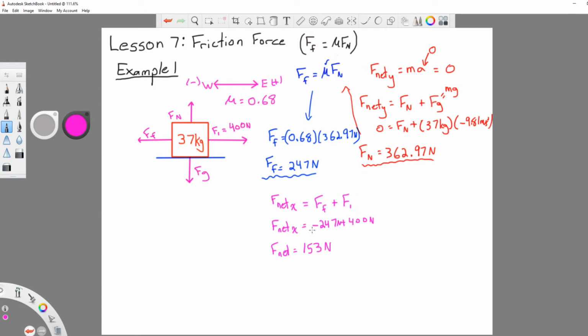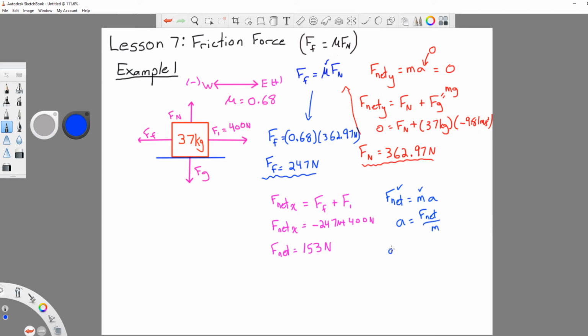All right, so we are getting close to having this thing solved. We now have a net force, we have a mass. We can go back to our old school Fnet formula, where Fnet is equal to mass times acceleration. We have Fnet, we have mass, let's solve for acceleration. So acceleration is equal to Fnet over mass.